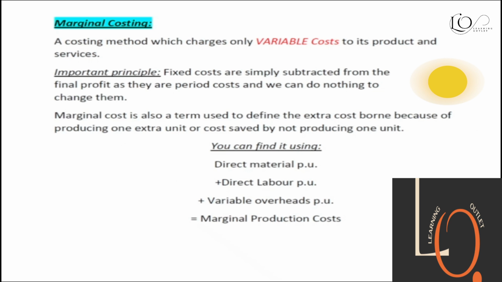Let's say fixed costs were 300,000. So from my total profit, I will remove the fixed costs. It gets me to my actual total profit. This is the principle of marginal costing. I will also give you a project or an exercise on this after this lesson, so you'll be able to test out your knowledge and see the difference between absorption costing and marginal costing.